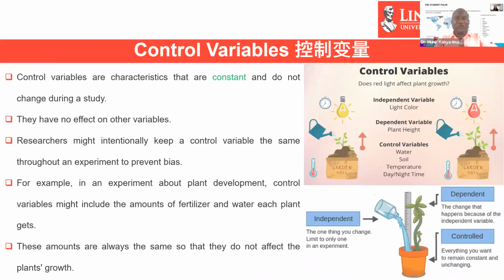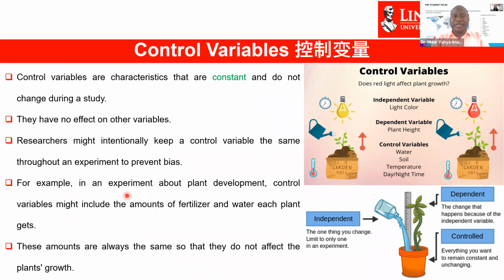Then we also have control variables, which are actually constants. Control variables are characteristics that are constant and do not change during a study. They have no effect on other variables. Researchers might intentionally keep a control variable the same throughout an experiment to prevent bias.